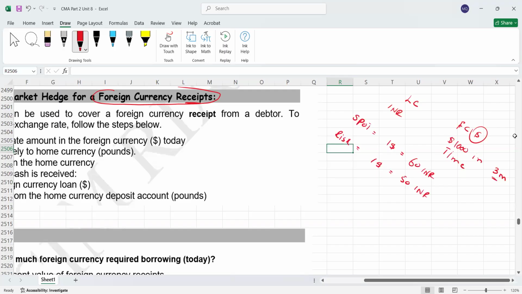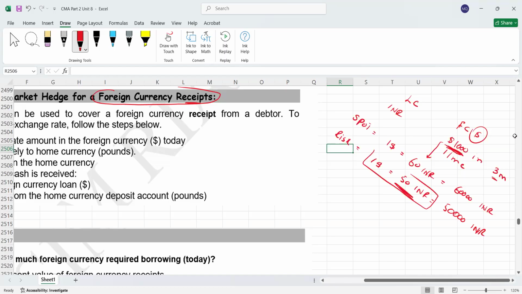If you simply convert this $1,000 at the spot rate, 1,000 times 60, it equals 60,000 Indian rupees. But if you convert the $1,000 at 50, which is what we are expecting in 3 months' time, our receipts would be 50,000 Indian rupees.